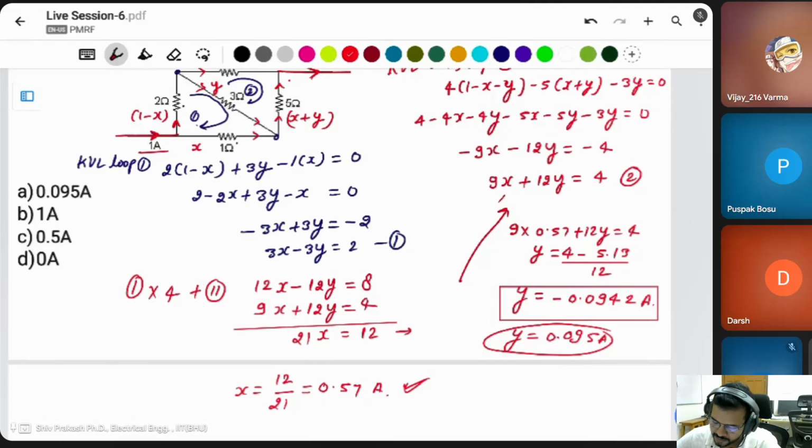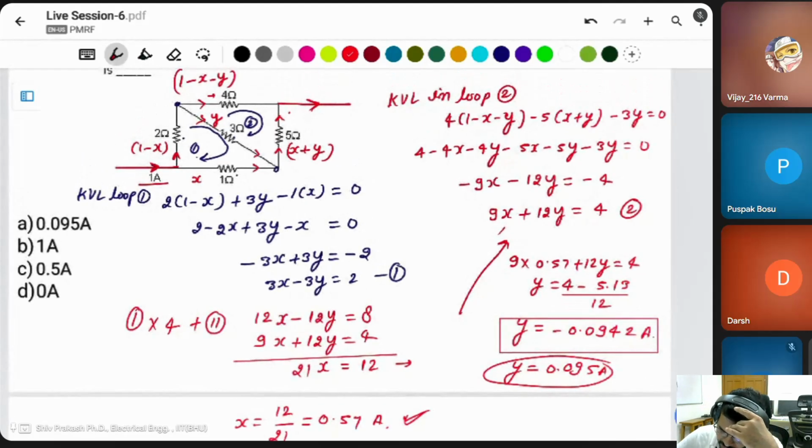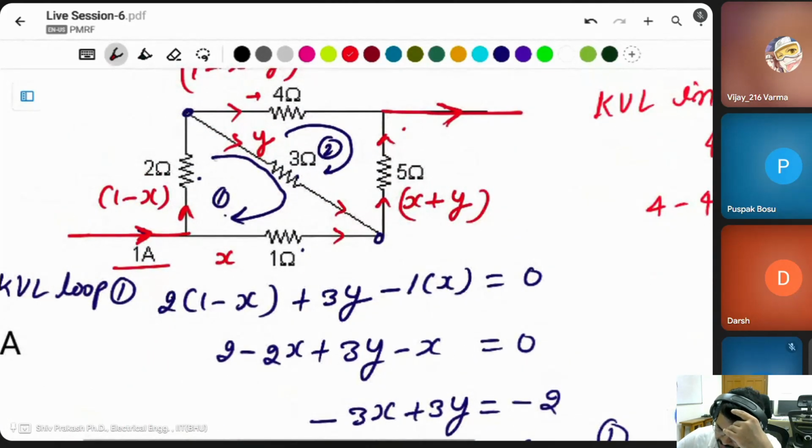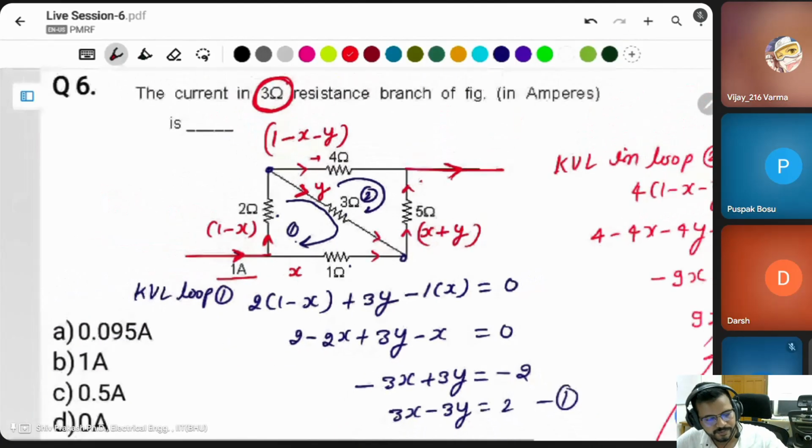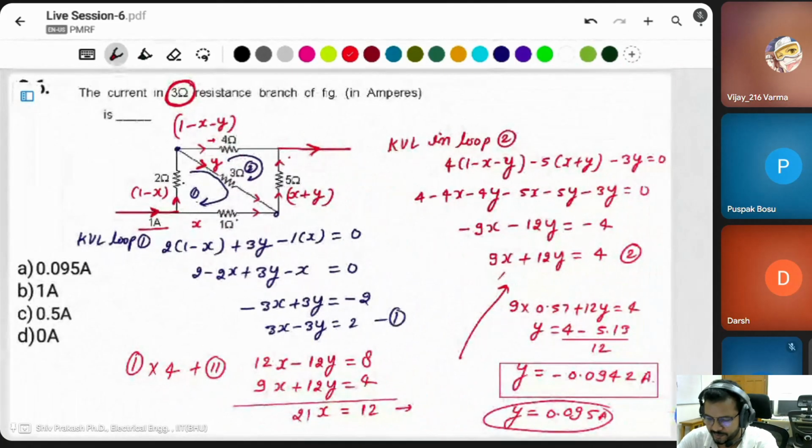Sir, again, in 3X minus 3Y equal to 2, we have multiplied by 4, no, sir. First equation, yes, sir. Correct. Okay, thank you. This will be 0.57 ampere.